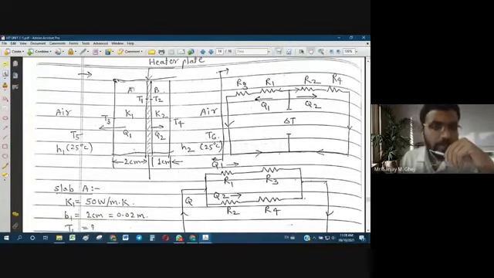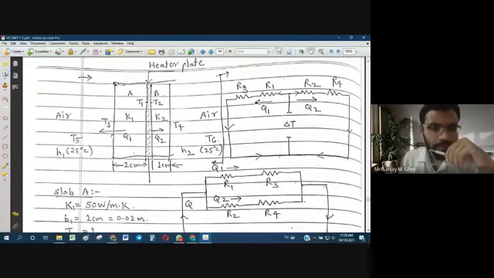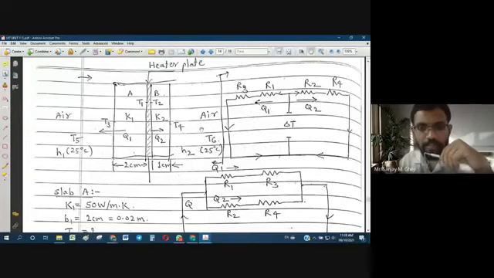On the left side, let us have some more temperatures. At the outer surface of plate A, the temperature will be T3, and the temperature of the air in contact with plate A on the left-hand side, let us say, is T5. In the same way on the right-hand side, on the B side, let us say T4 is the temperature of the external surface of plate B, and the air temperature is T6.